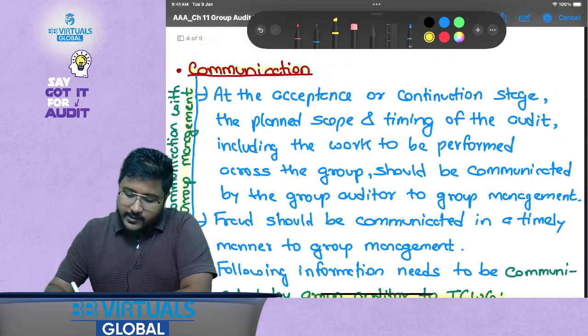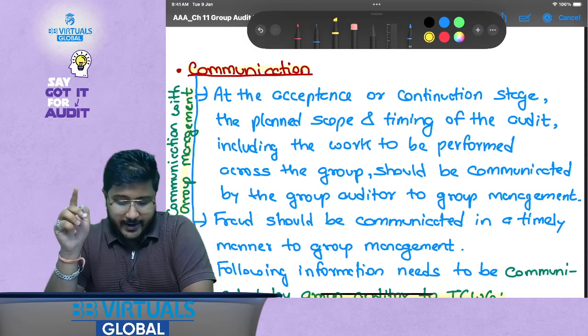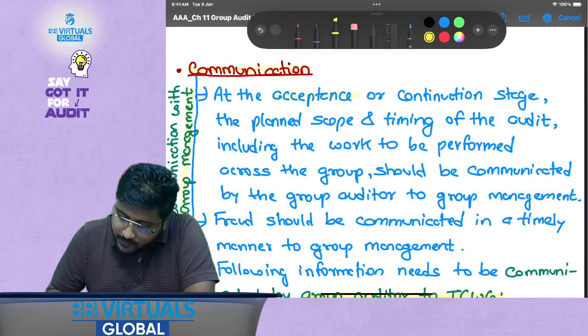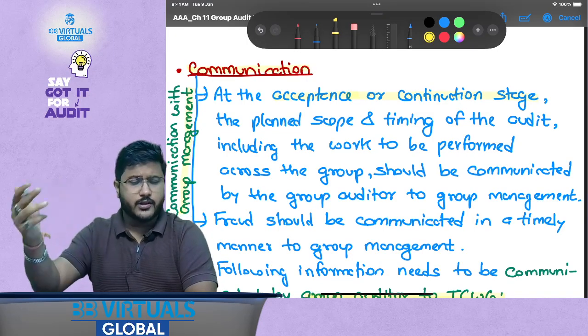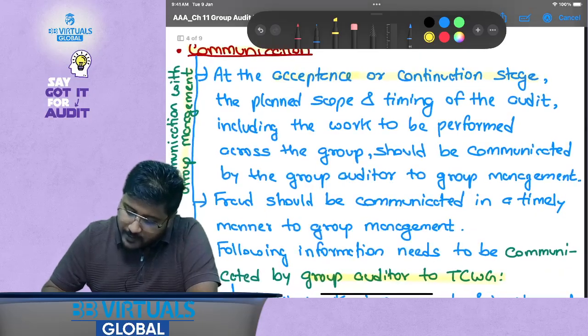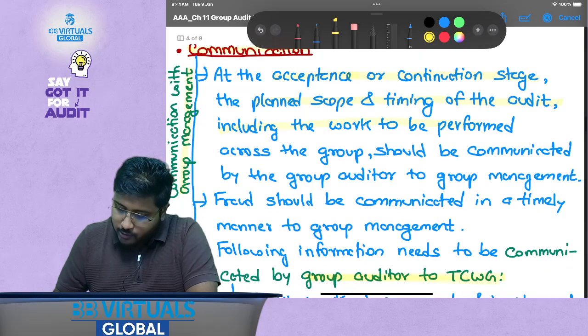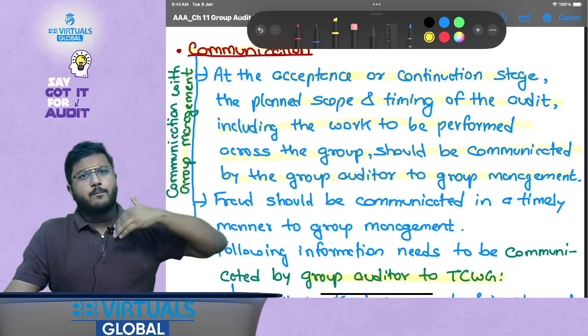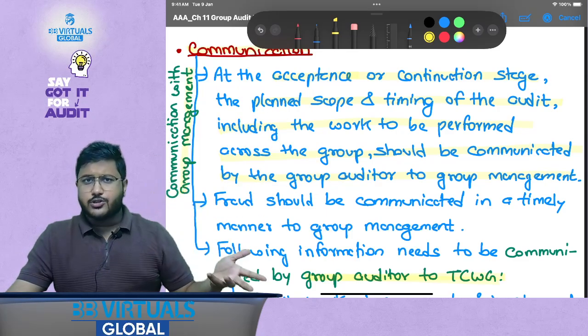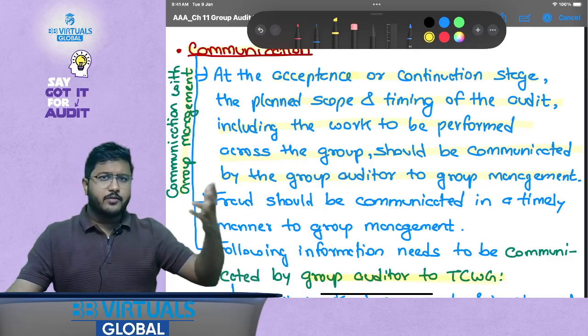Now, at the acceptance, communication with whom? The management. At the acceptance or continuation stage, when you are accepting the client or continuing for the next year, the planned scope and timing of the audit, including the work to be performed across the group, should be communicated by the group auditor to group management. That is something we usually do in the audit also. What nature of work would be done, what would be the timings, everything we share with the management.